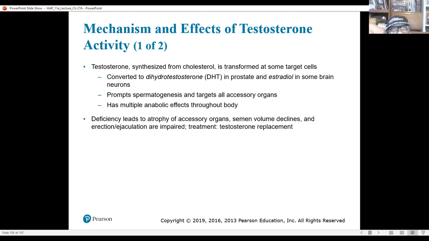In the prostate, it's turned into dihydrotestosterone, and in some brain neurons, it's turned into estradiol. The dihydrotestosterone in the prostate and the estradiol in the brain neurons promote spermatogenesis and target all the accessory organs. Lots of anabolic effects throughout the body.